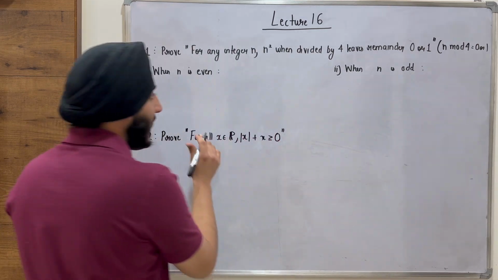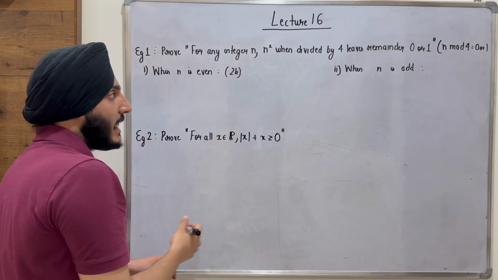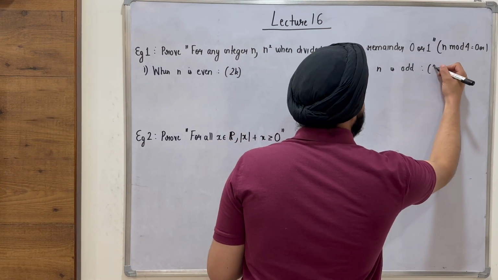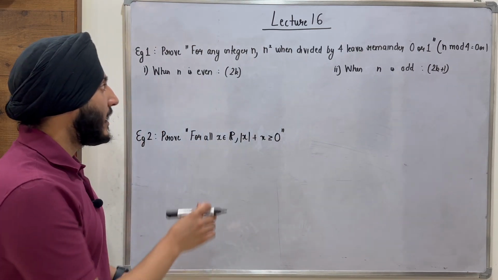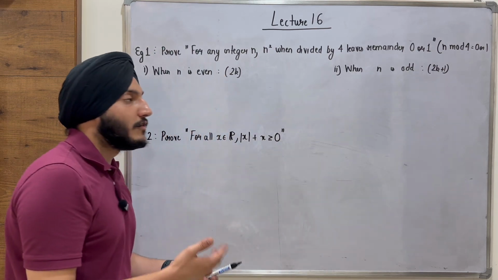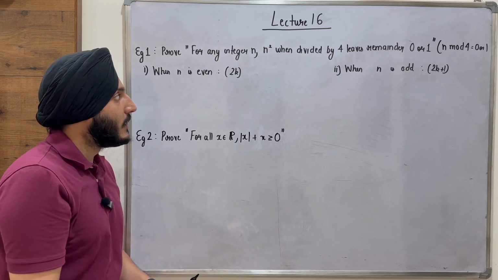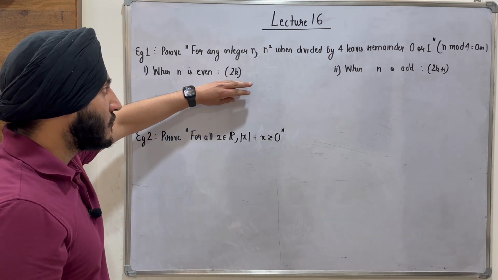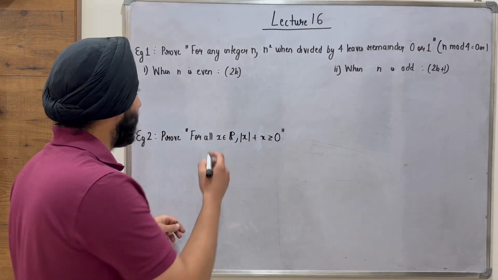First thing is, when n is even, then you know it's of the form 2k, and when n is odd, then it is of the form 2k plus 1, where k is an integer. If you don't understand how I'm representing this as 2k or this as 2k plus 1, I would suggest that you look at my previous video where I've introduced these concepts.